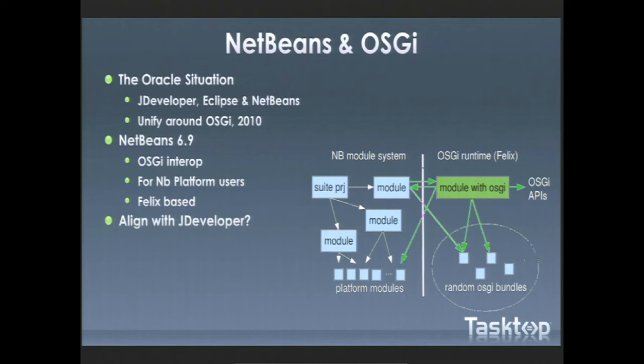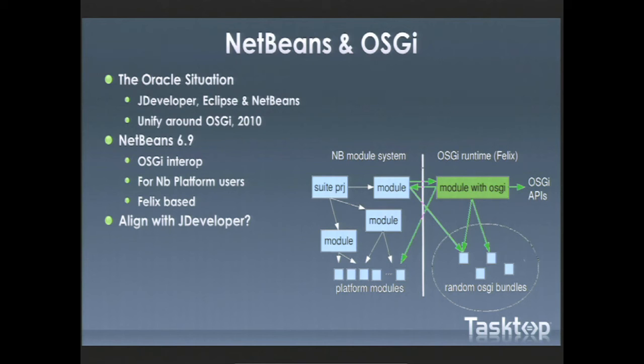At that time, we were supporting Felix. Of course, these two worlds can live next to each other basically without any problems. The only complication is when you want an OSGi bundle to talk to APIs from a NetBeans module, or if you want a NetBeans module to talk to APIs coming from an OSGi bundle.